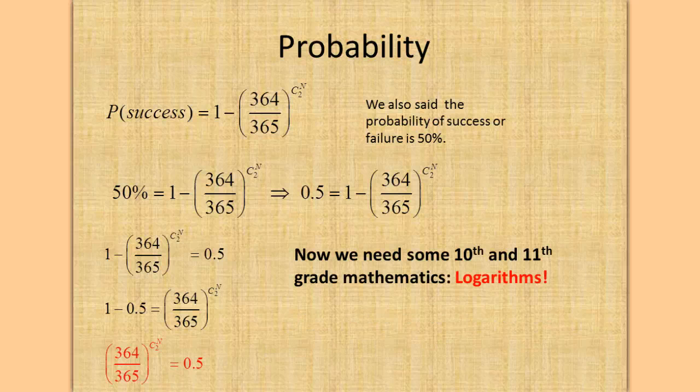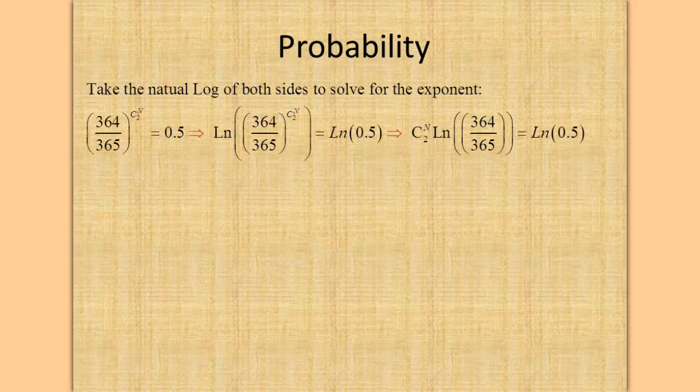Now we need some 10th grade and 11th grade mathematics, which we call logarithms. I guess when you were in high school, you were wondering, what will I ever do with logarithms? Well, here it is. Take the natural log of both sides to solve for the exponent. This is not a logarithm video, so if you don't know how to use logarithms, you need to look up a logarithm video. I haven't done a video on logarithms yet.